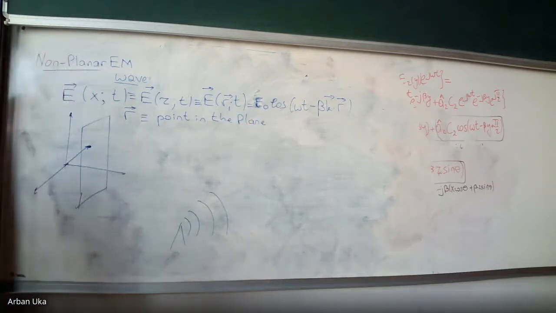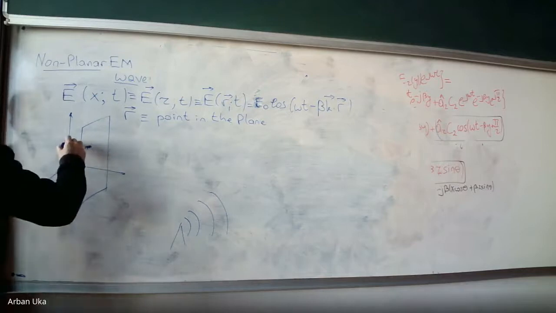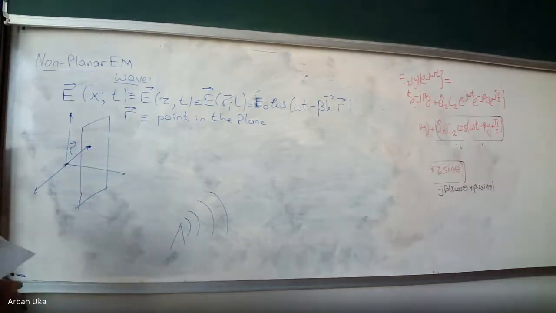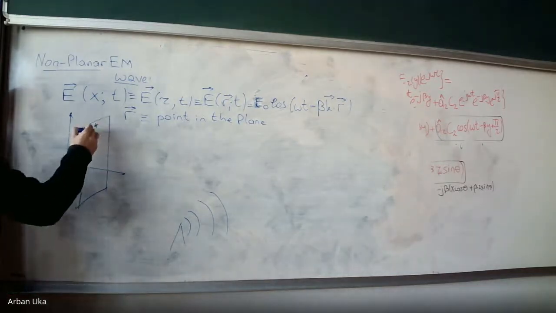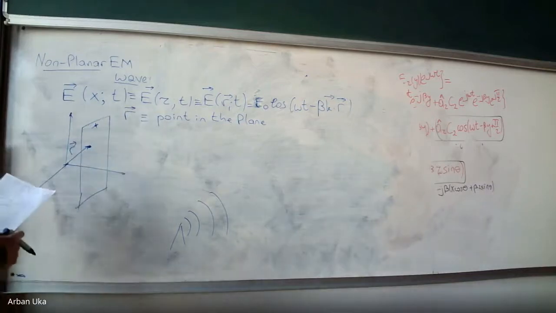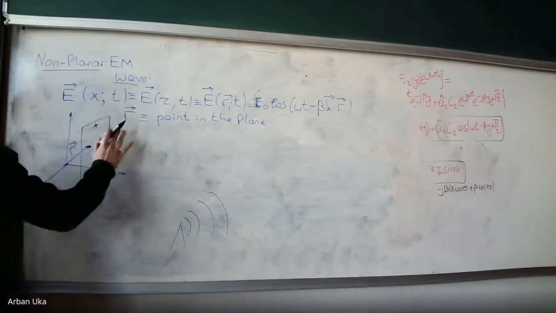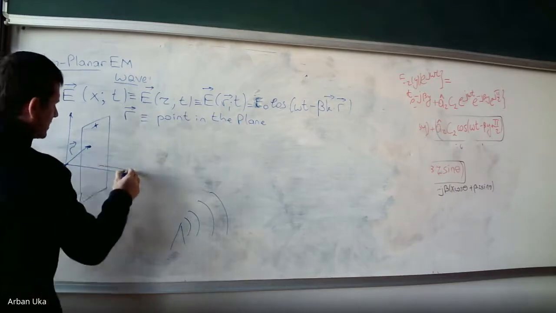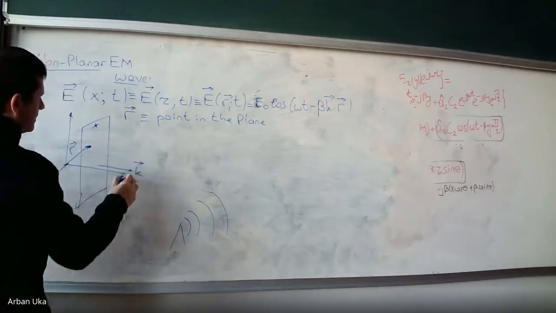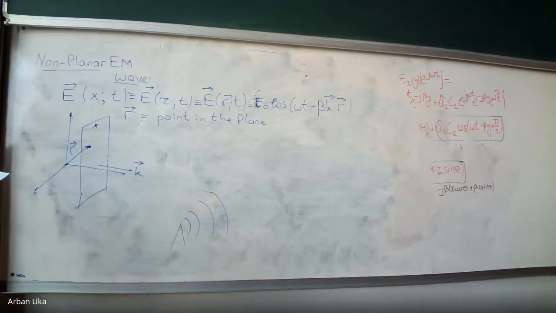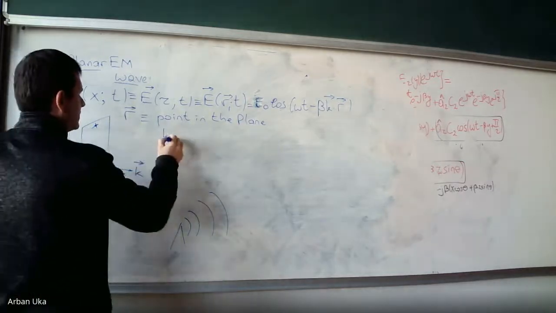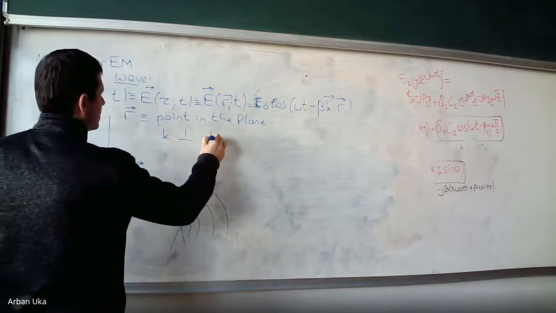This is like the point in the plane, so we denote this with r, but this could also be some other point up here. And the k, this is the wave that is propagating, and the k is here. So the k is perpendicular to the plane.